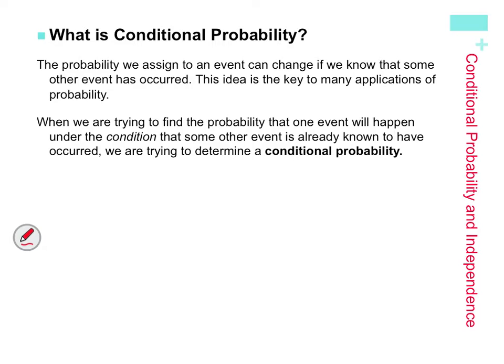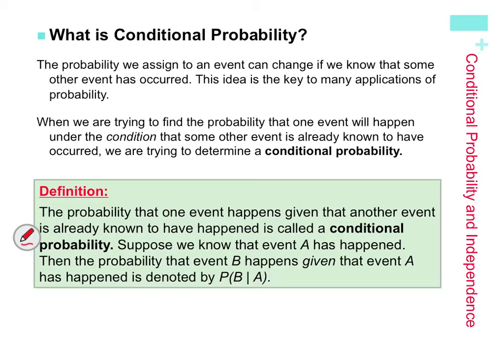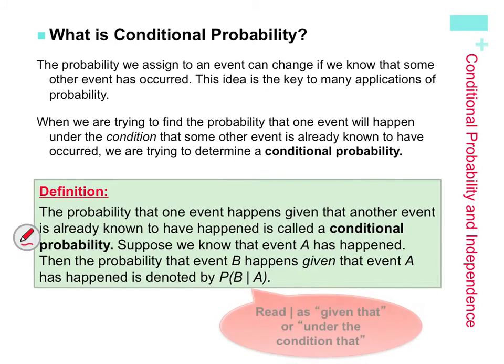So the probability that one event happens, given that the other event is already known to have happened, is called the conditional probability. Suppose we know that event A has happened, then the event that B happens, given that A happens, is denoted by the following, where the bar is read as "given that" or "under the condition that."